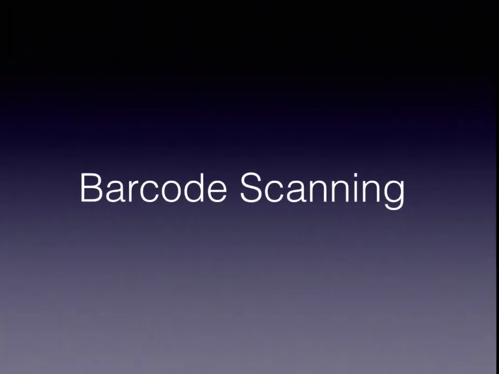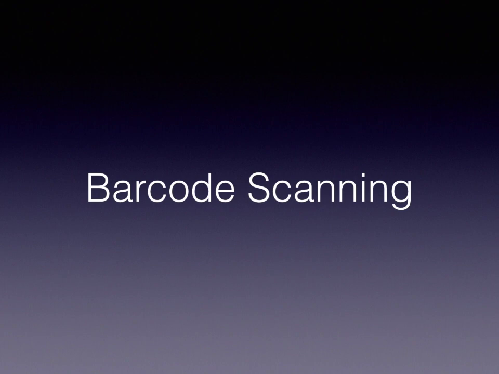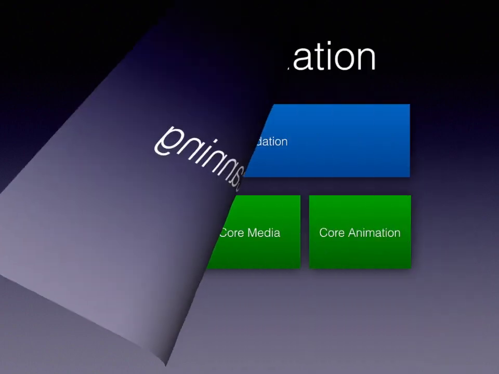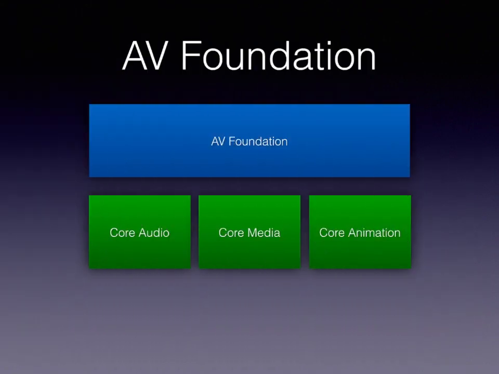So let's touch a bit on barcode scanning itself. For barcode scanning, you will use AV Foundation, and AV Foundation rests upon three lower-level APIs or frameworks, if you will: Core Audio, Core Media, and Core Animation.